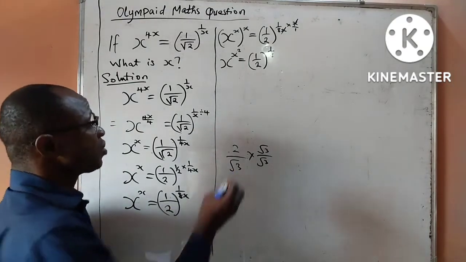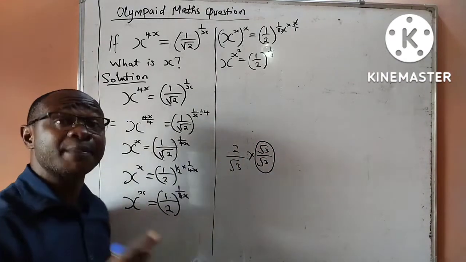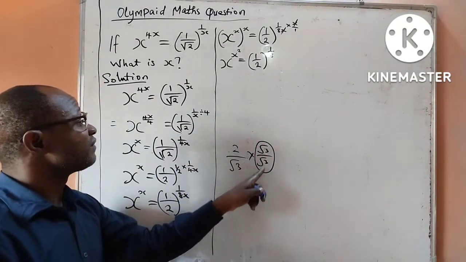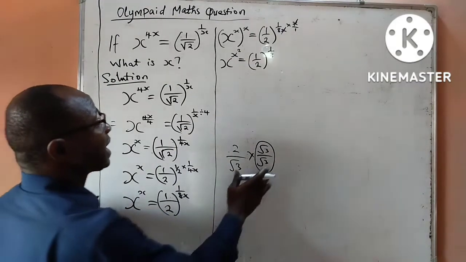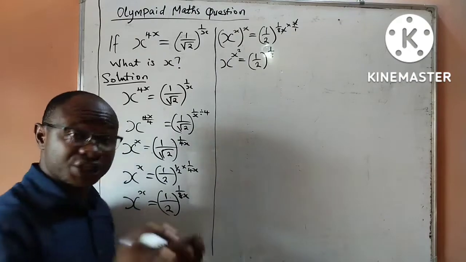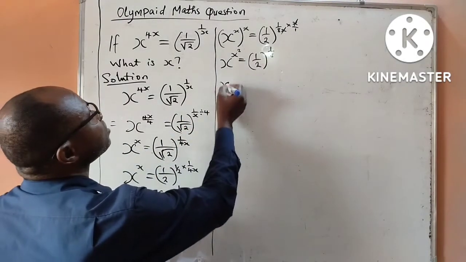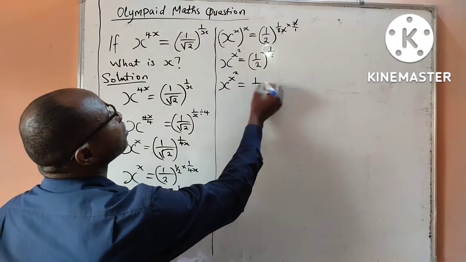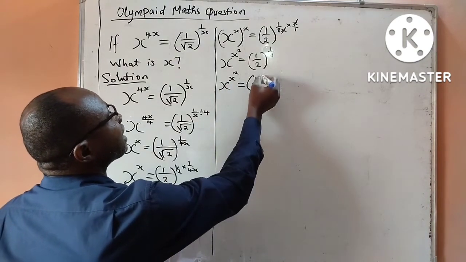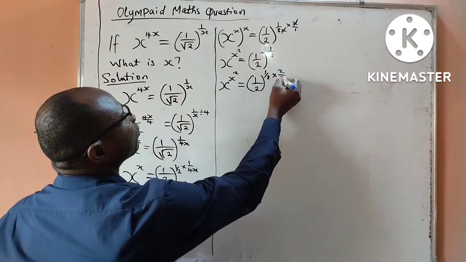But what actually is happening there is that I am multiplying 2 over root 3 by 1, because root 3 over root 3 is equal to 1. So, I can now apply that logic to this place by doing x raised to the power x squared equal to 1 all over 2, then raised to the power 1 over 8, multiplied by 2 over 2.